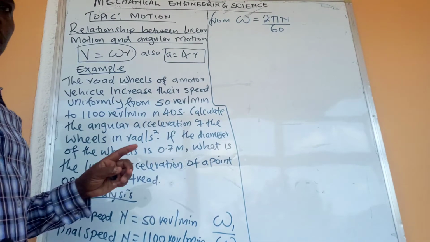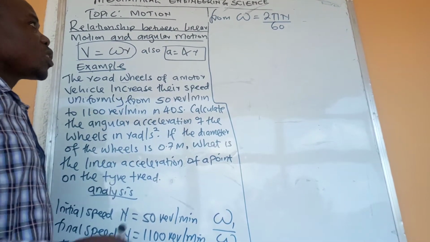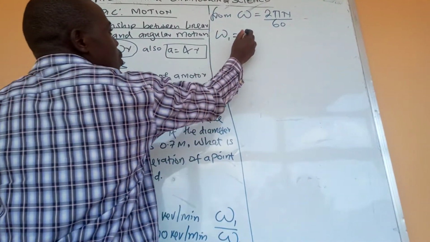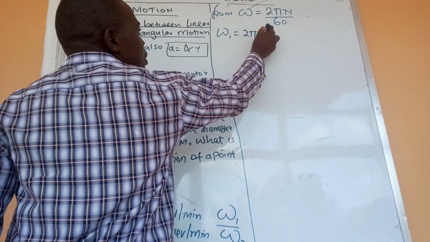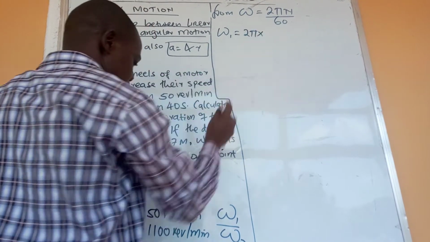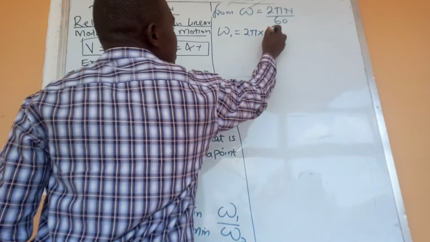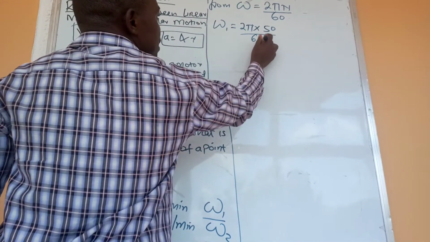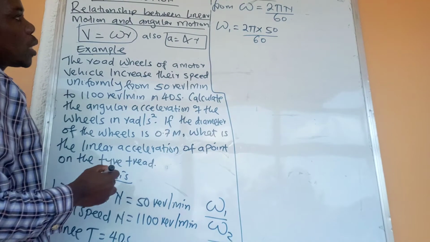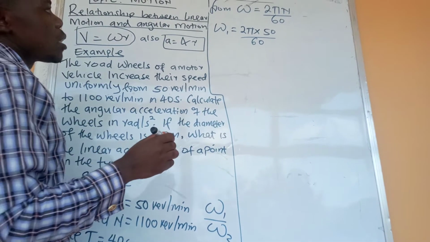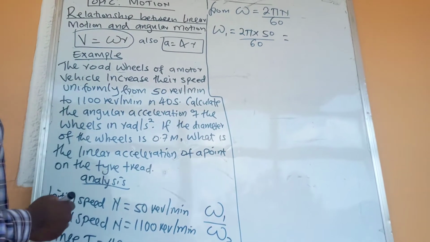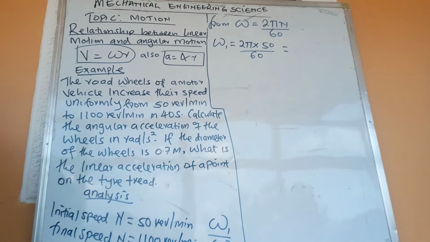So the initial angular velocity will be equal to 2 pi multiplied by n, which in this case is 50 revolutions per minute, divided by 60.